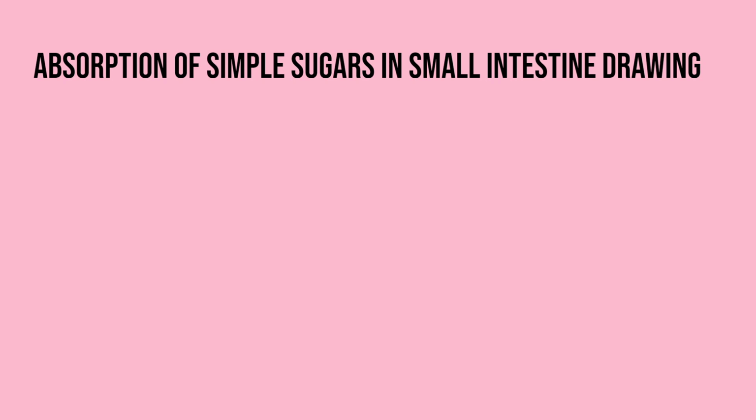Basically what that means is that by allowing sodium to move into the cell down its concentration gradient, glucose and galactose can use the energy from sodium moving down its concentration gradient to move into the cell. So sodium needs to be there in order for glucose and galactose to move through.